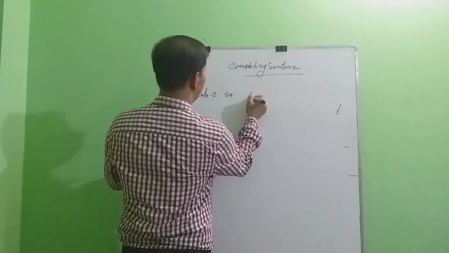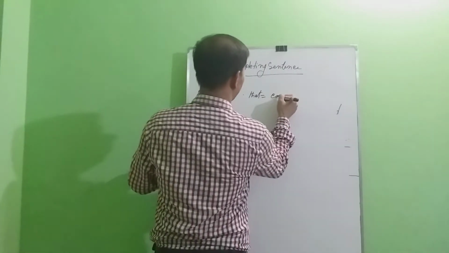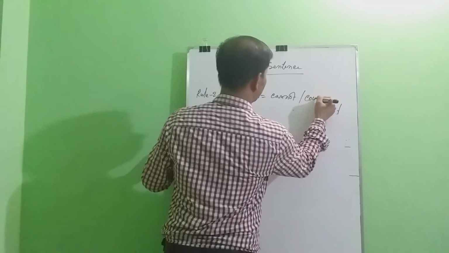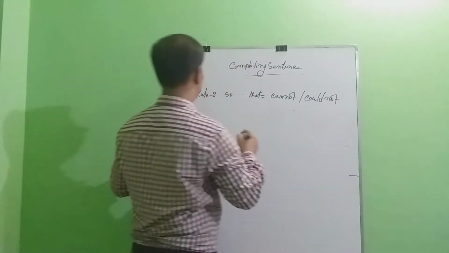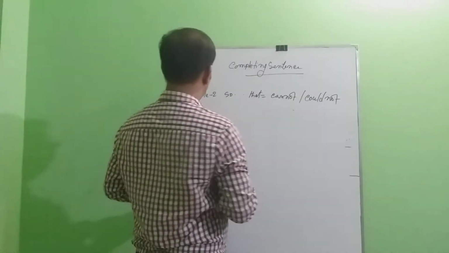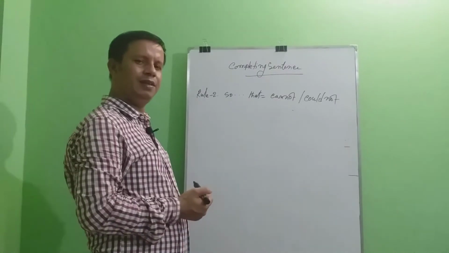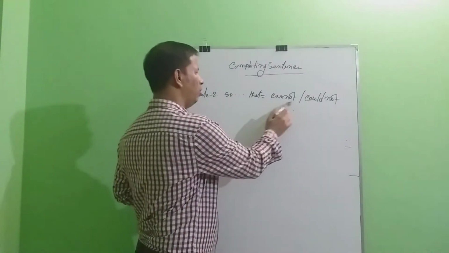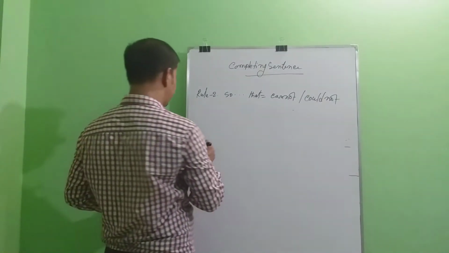So that, cannot, could not. This is the use of so that. In this case, we can use cannot or could not. So let me write the example for this rule.